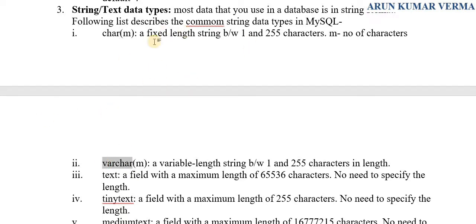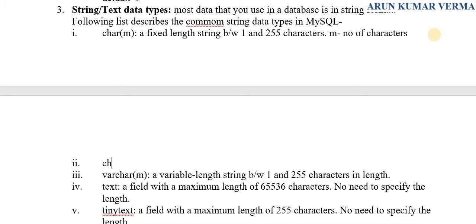For example, suppose you have a variable name, and type, you have decided the type is character. So here you have decided it will contain a maximum of 10 characters.